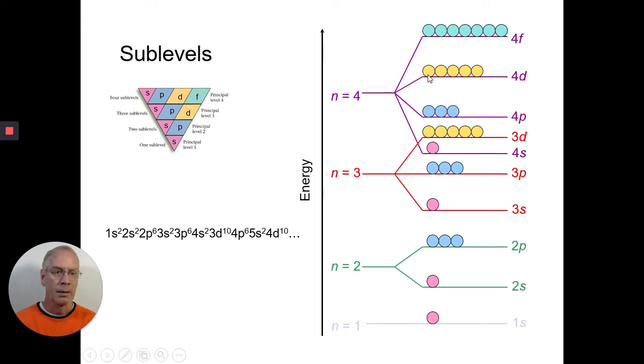The 5 d orbitals, each holding 2 electrons, represent the 10 electrons that you get in the center section, the d section of the periodic table, right in here. Then of course the 3 p orbitals can hold 6 electrons, and that corresponds to the 1, 2, 3, 4, 5, 6 going across here, the p block of the periodic table.